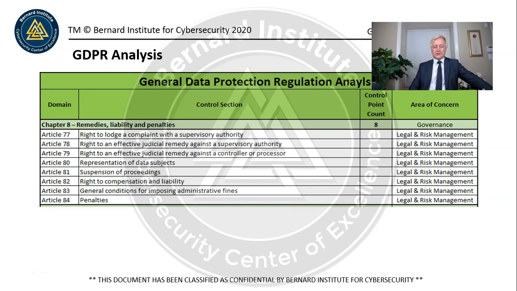And Chapter 8, remedies, liabilities, and penalties. So these are definitely a legal area. So this is something that the organization might be exposed on. And as I mentioned before, having the general counsel or having a lawyer for the organization being responsible for GDPR is not good because it obscures their independence of the organization.